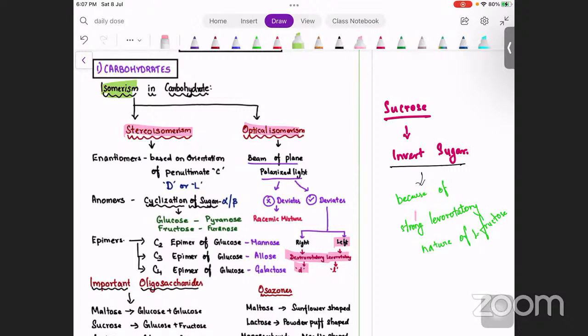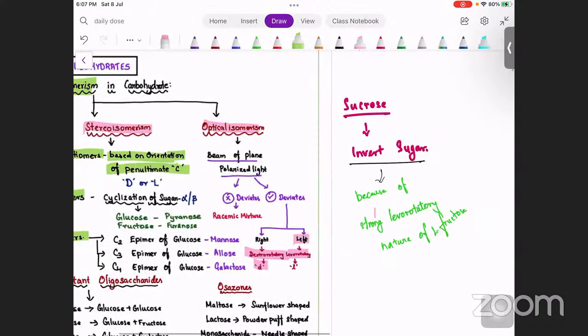Now, coming back to stereoisomerism, we have enantiomers, anomers, and epimers. Enantiomers are totally based upon the orientation of your penultimate carbon. The penultimate carbon means the second last carbon, numbering from the functional group.